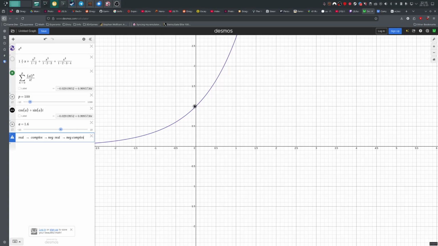That's what that means. You can think of that sum that goes to infinity as being like 4 stuff. It will always go real, complex, negative real, negative complex, and back. So in the end, you will only have some real, some negative real, and when you put them together, they will give you this cosine. The complex, when put together, will give you sine with i. That's why you have i in the end there.